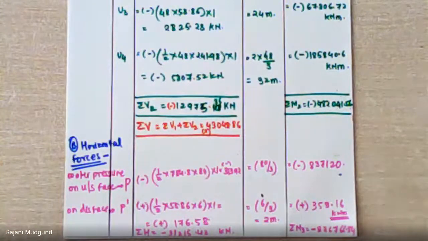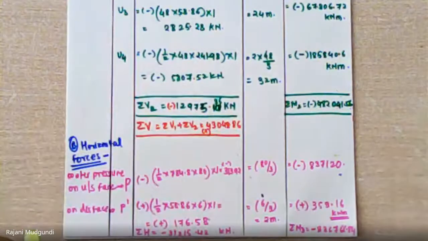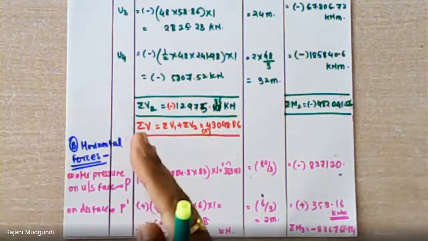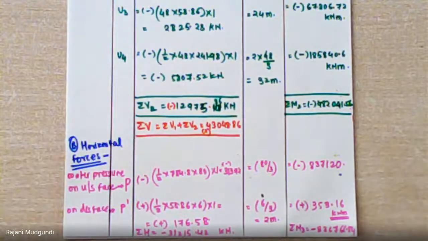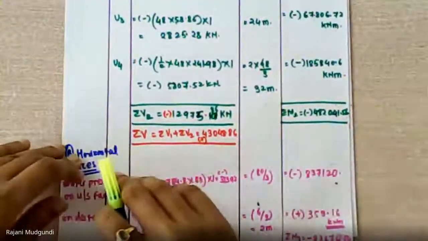So now you have summation V, that is summation V1 plus V2. Accordingly, you have the moment summation M1 with respect to V1, M2 with respect to V2, and M3 with respect to the horizontal forces, right? So take down the next step now.